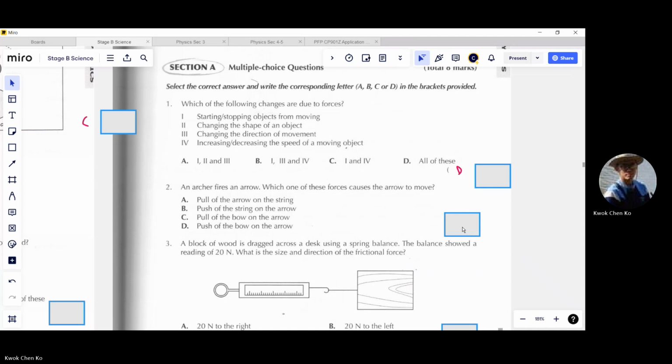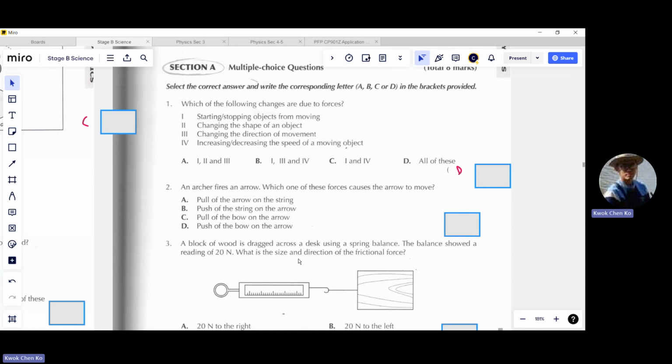Okay, which one are you at? Question 2. An archer fires an arrow. Is it the pull of the arrow on the string, the push, pull of the bow, or the push of the arrow? Tricky, right?